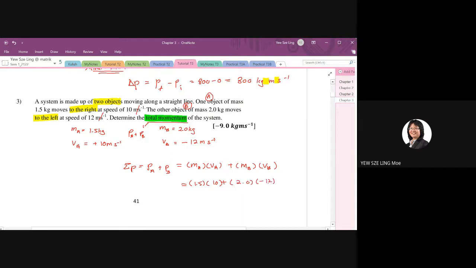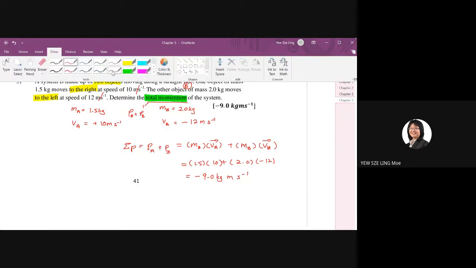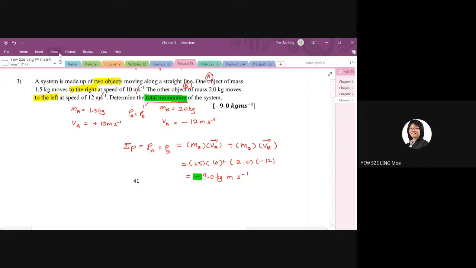You need to include a negative sign, because the V in your equation is actually a vector. So you need to include the negative sign, and therefore the final answer is negative 9.0 kg m s negative 1.